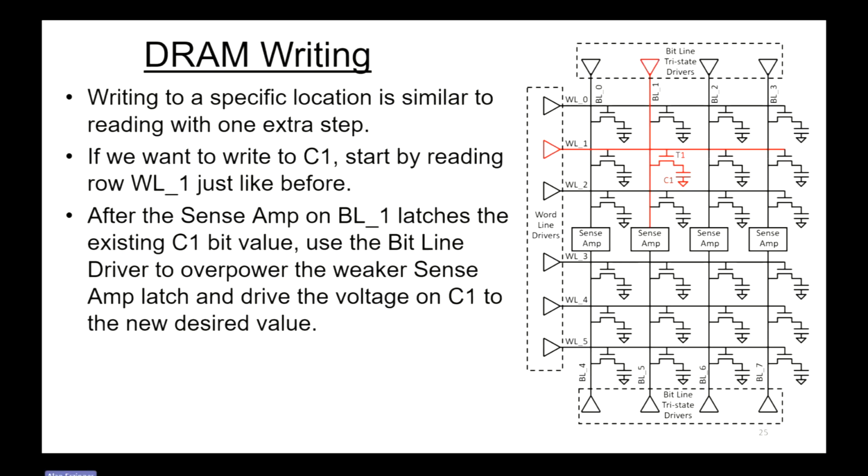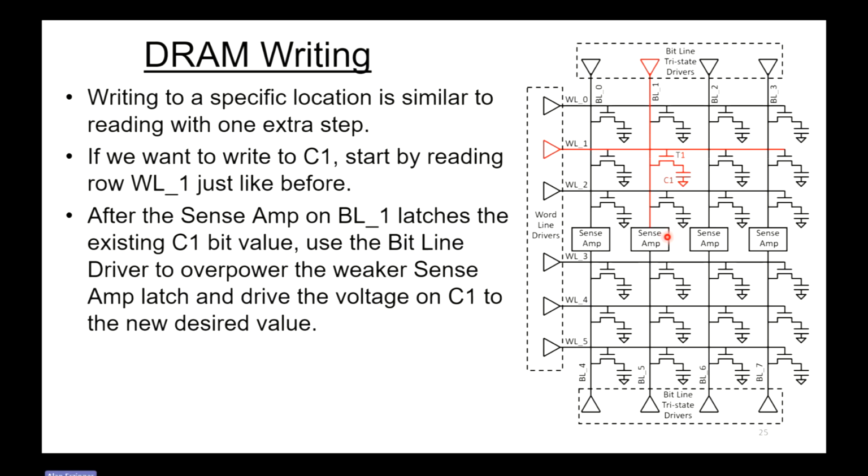So let's say we want to write to this specific location. Well, we start by doing the read operation that we just talked about. So after the sense amp has detected the value on this cap and then replaced it, now you come up here and you turn on your driver on that line.